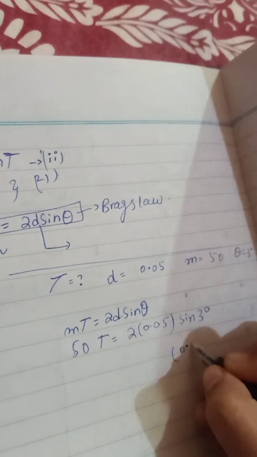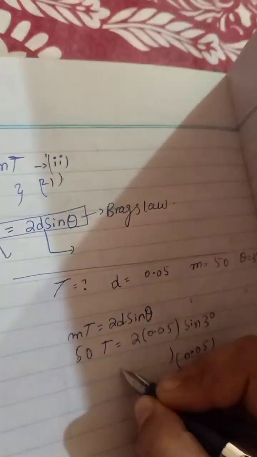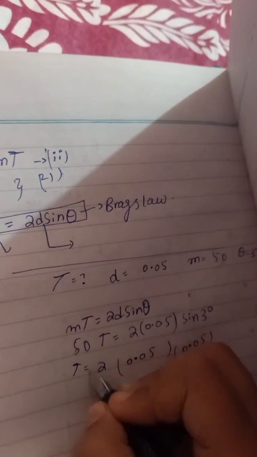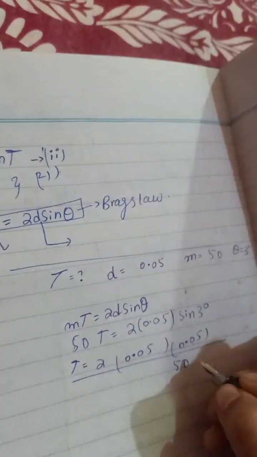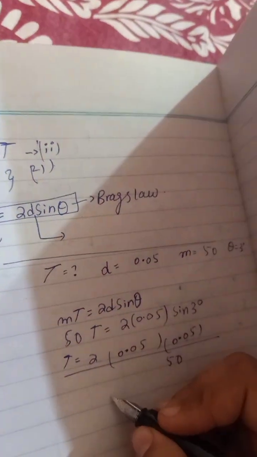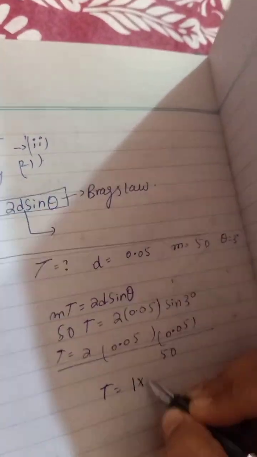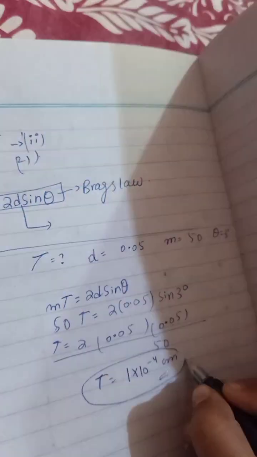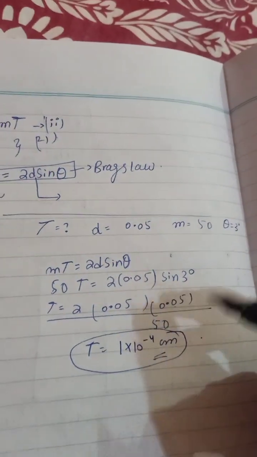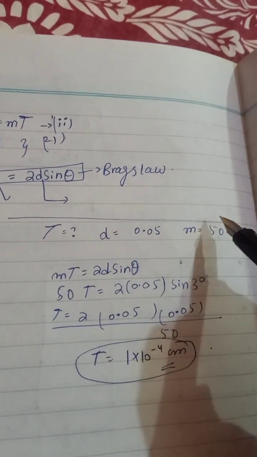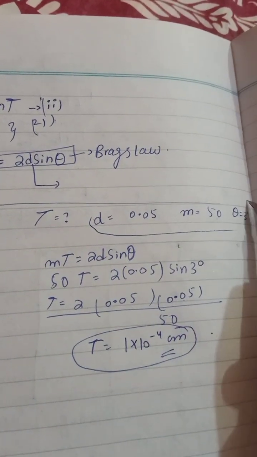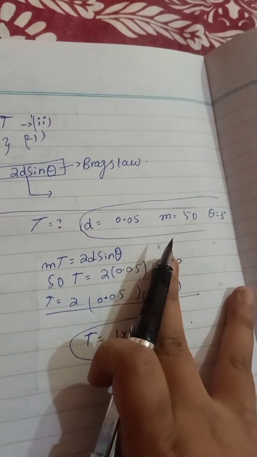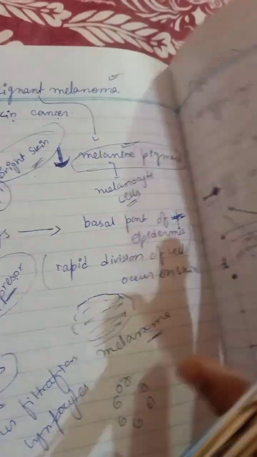So lambda will be equal to 1 multiplied by 10 to the power minus 4. So we can easily find out the wavelength from this data.